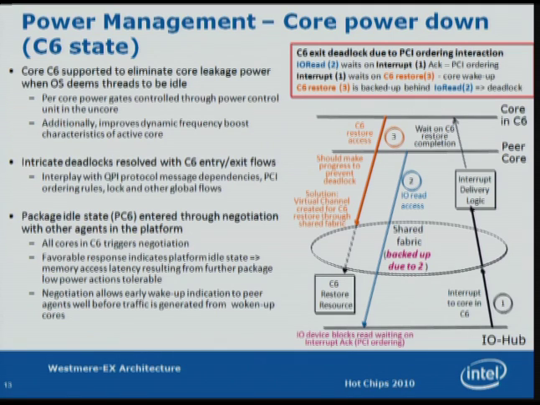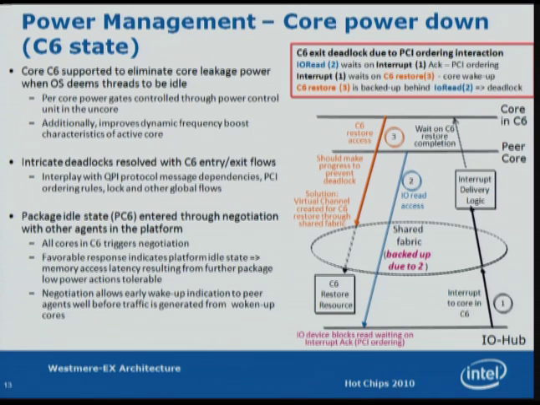Now, once you build in this low power core state, we also went ahead and built in what we call negotiated package states. So what happens here is that when all the cores in the socket go to, let's say, a C6 low power state, it triggers a negotiation process with all of the other peer agents.